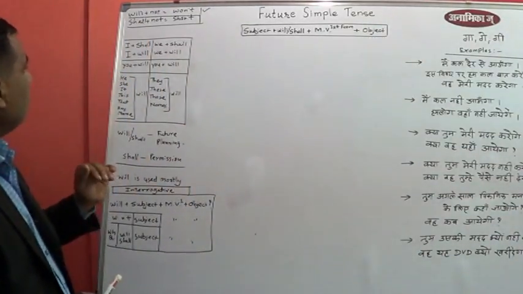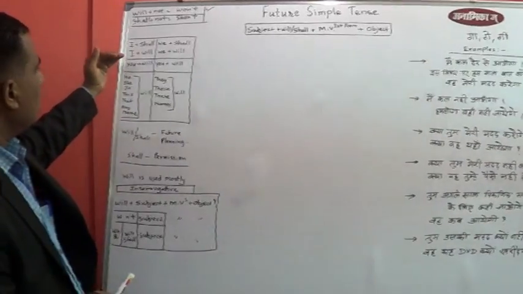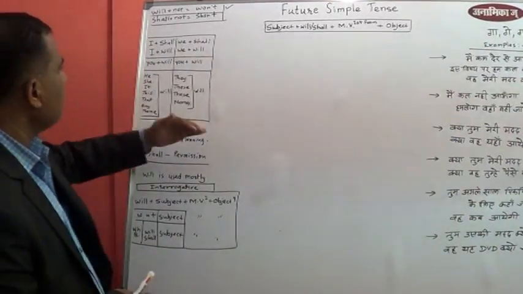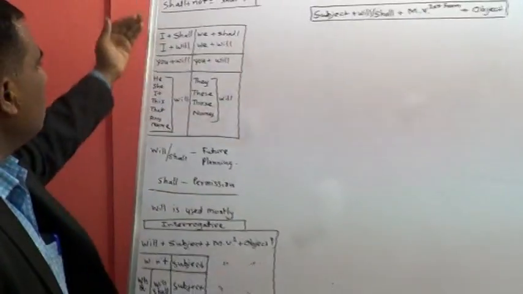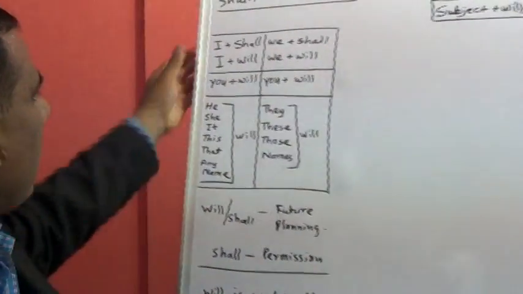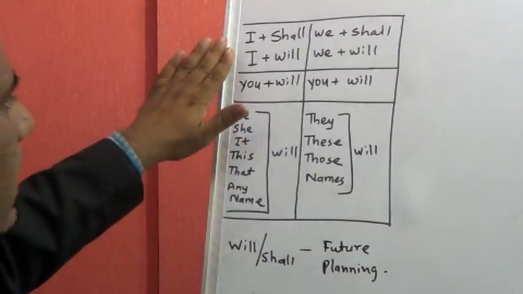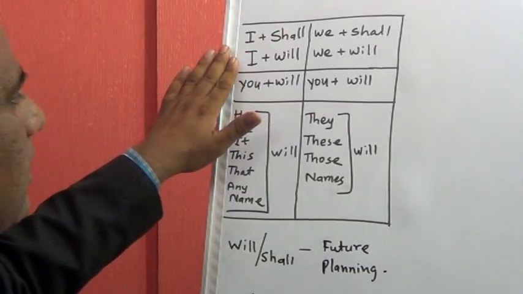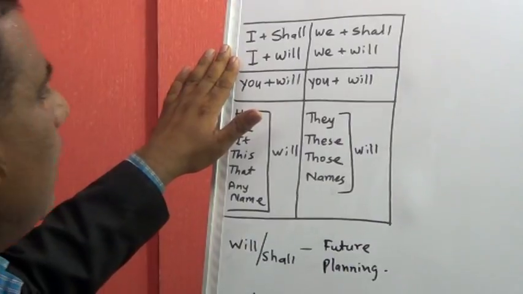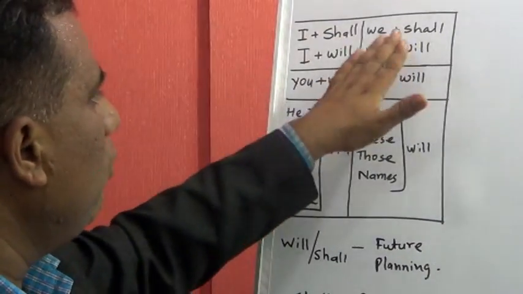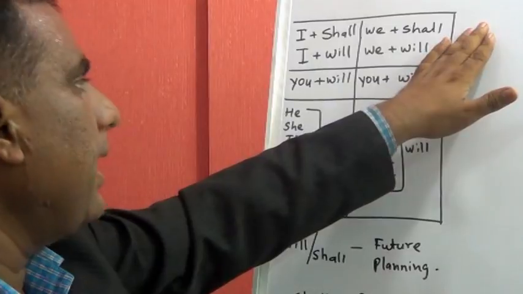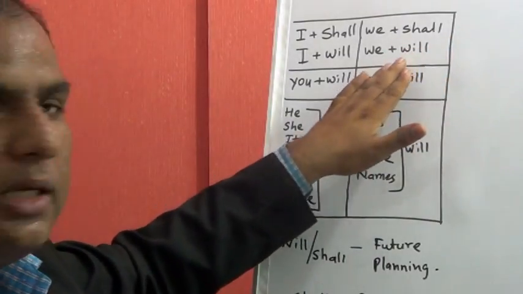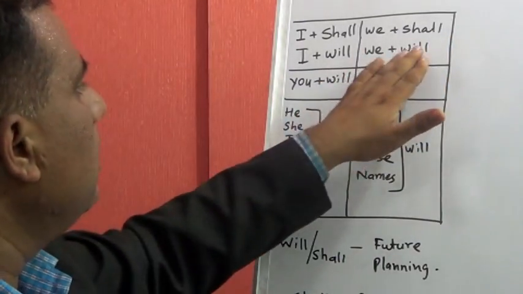Now let's have a look at these helping verbs, what comes with which subject. As you can see, I के साथ shall लगा सकते हैं, लेकिन आजकल I के साथ भी will ही लगाया जाता है. Similarly for we, you can use shall, but normally people use only will.